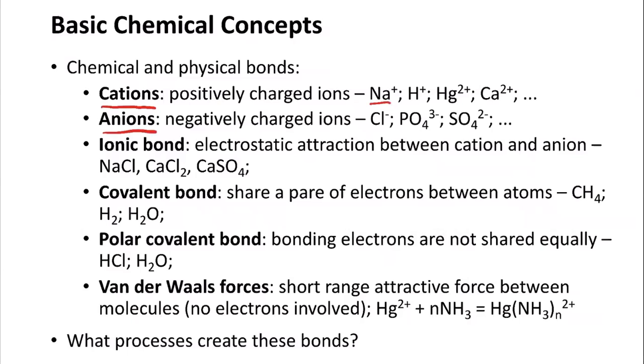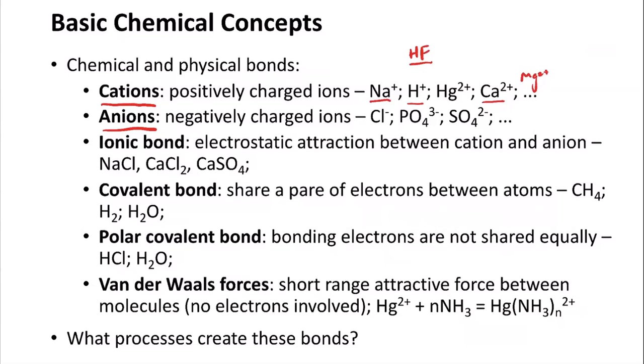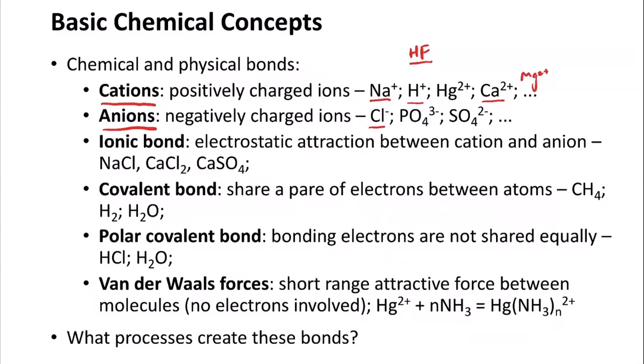If there's hydrogen fluoride, you can find that the bond between hydrogen and fluorine is also an ionic bond. In that case, the hydrogen here is also a cation. There can also be calcium ions and magnesium ions. Most metals tend to form cations. There can also be anions, for example the chloride ion.